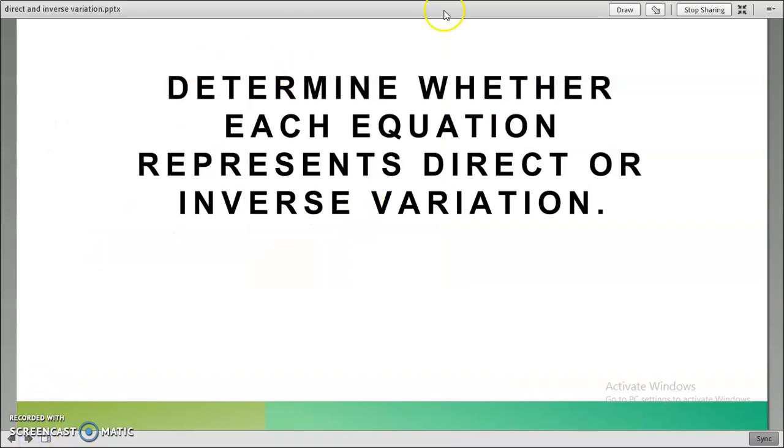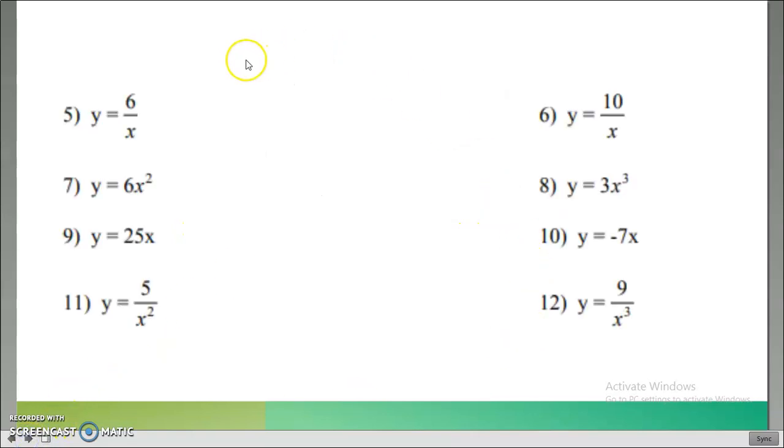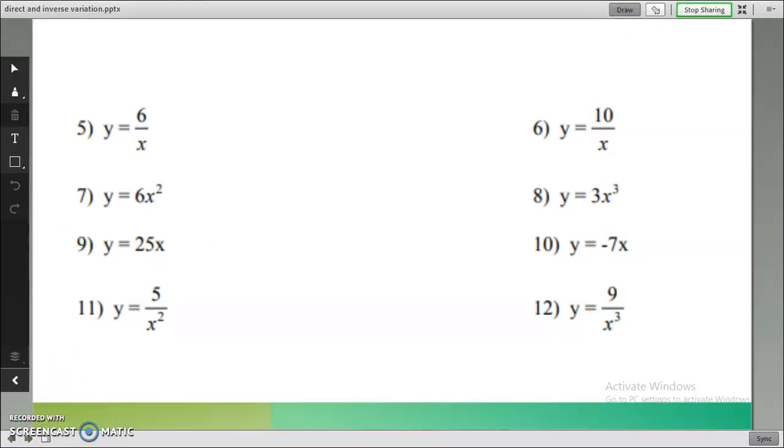Now we'll determine whether each equation represents direct or inverse variation. I'm sorry, I forgot to pull up my pencil. I'm going to put a D for direct, and an I for indirect or inverse.